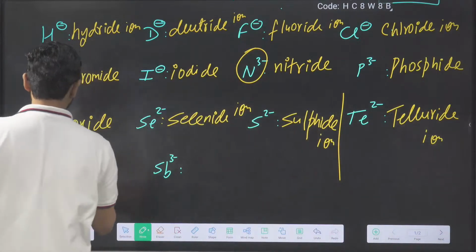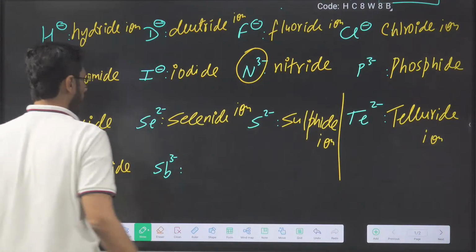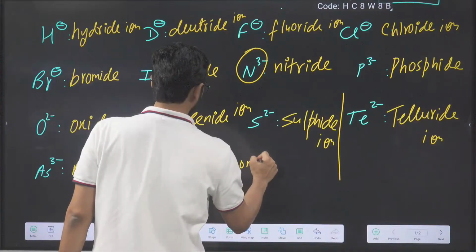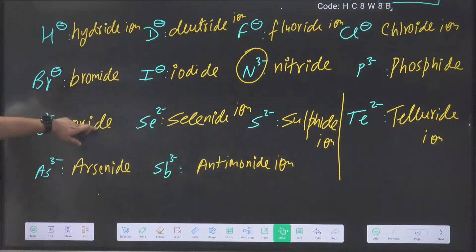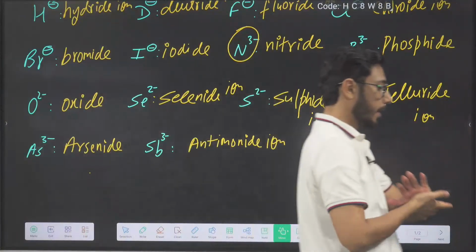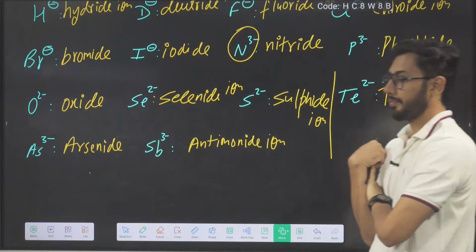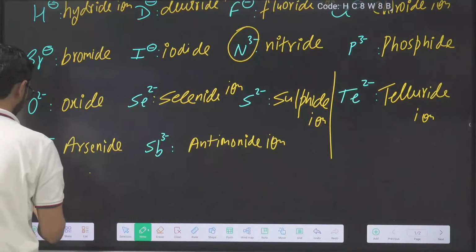As3 minus, arsenide. Sb3 minus, antimonide. लिख लिया ये. These are the naming of simple monoatomic anions.